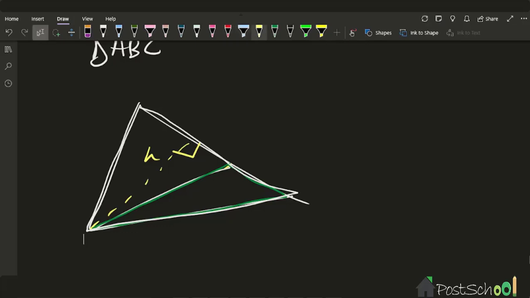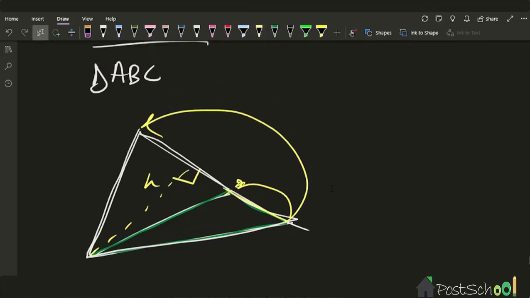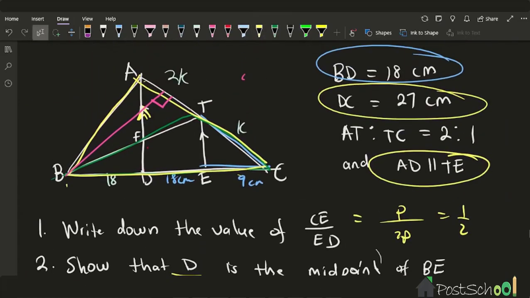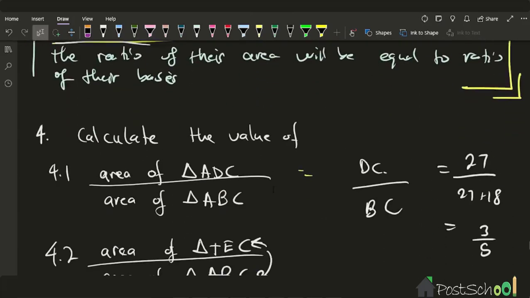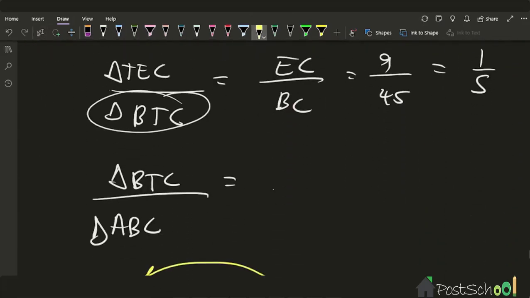So what you are going to do, you are going to divide this base by that base. So these are the bases. So then you are dividing TC over AC. We are going to be saying TC over AC, where TC is going to be K over 3K.